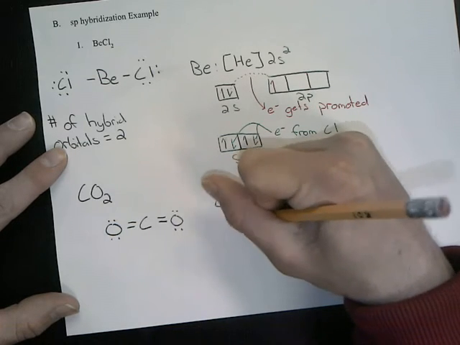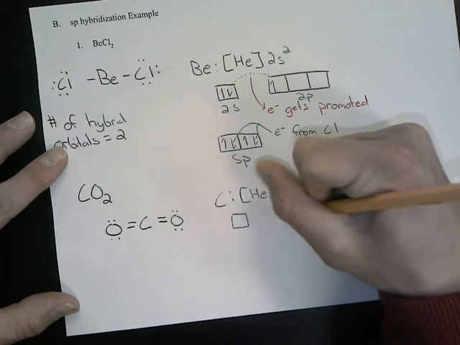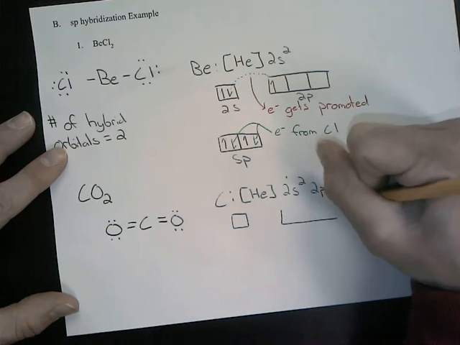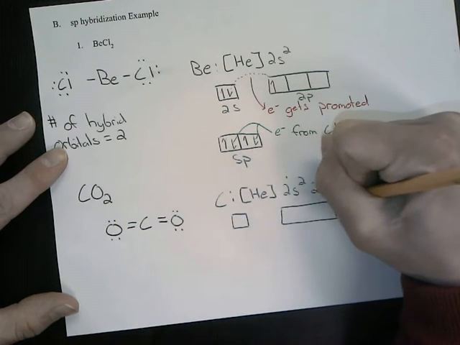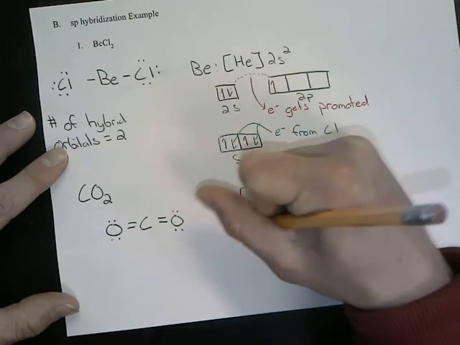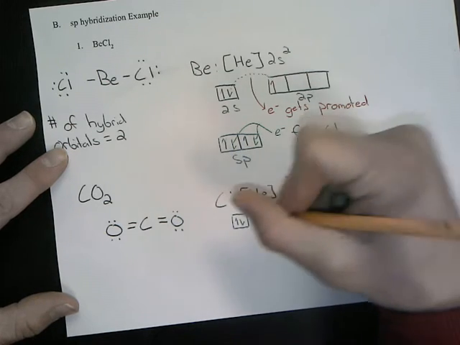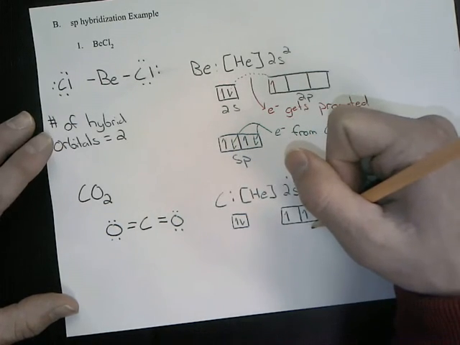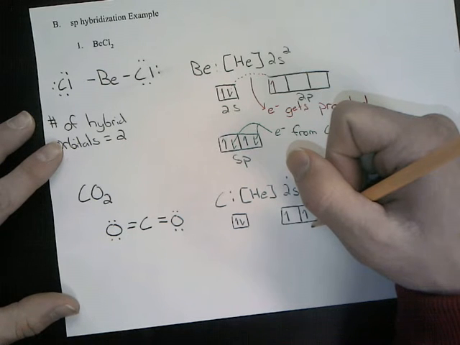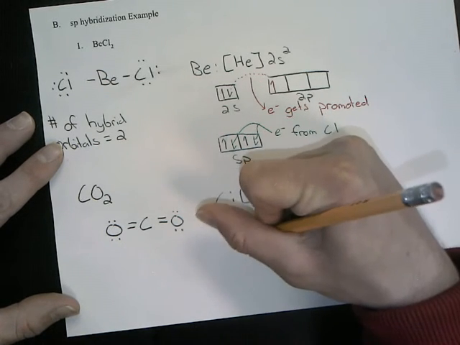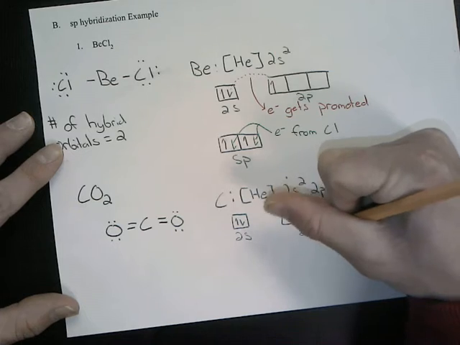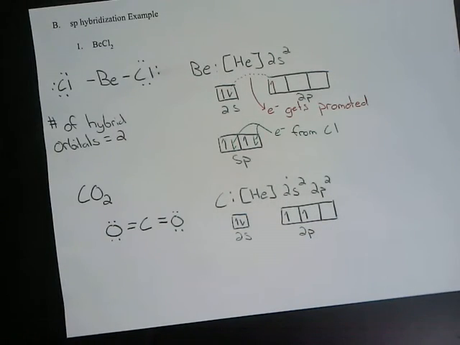And if we drew the orbital box diagrams, we would get something that looked like this. Now, again, what I'm doing is I'm drawing everything in its ground state form.